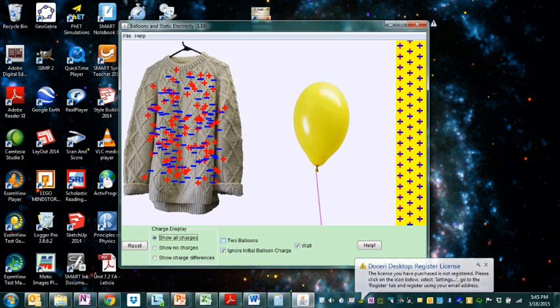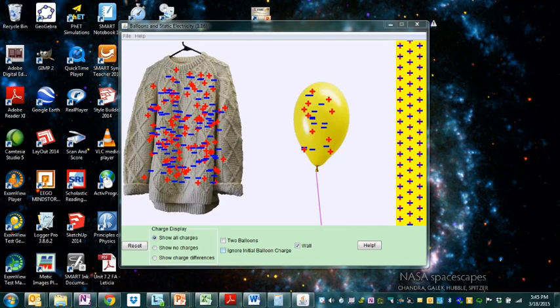Now, what you see over here, you might be able to see this, but these red marks are positive signs that represent positive charges, and the negative signs, the blue symbols, represent negative charge.